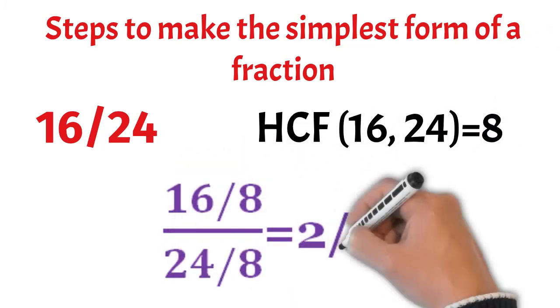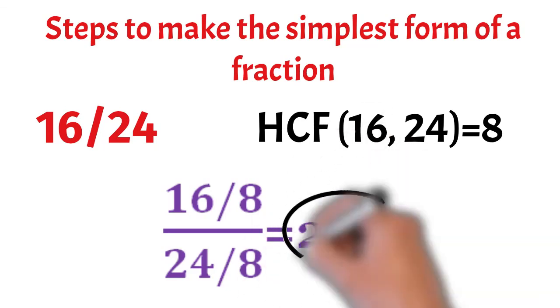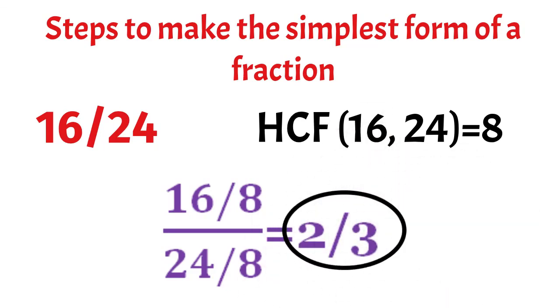Dividing both the numerator and denominator by 8, we get the fraction 16 divided by 8 over 24 divided by 8 equal to 2 by 3. Thus, fraction 2 by 3 is the simplest form of the fraction 16 by 24.